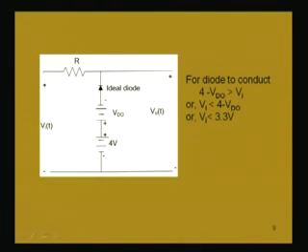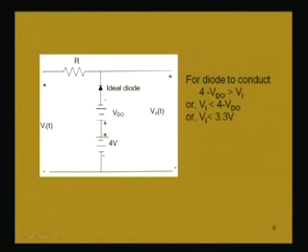So, 4 minus Vd naught, this voltage must be greater than the voltage at the end which is Vi. So, the condition is 4 minus Vd naught should be greater than Vi in order that the diode will conduct. We can just write in another way that Vi is less than 4 minus Vd naught. Since Vd naught is 0.7 volt, 4 minus 0.7 becomes 3.3 volt.